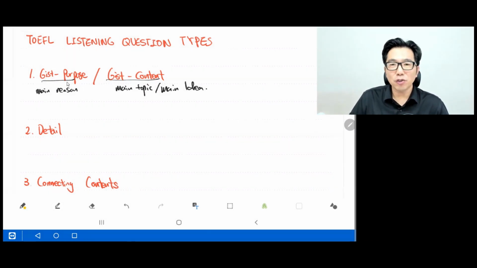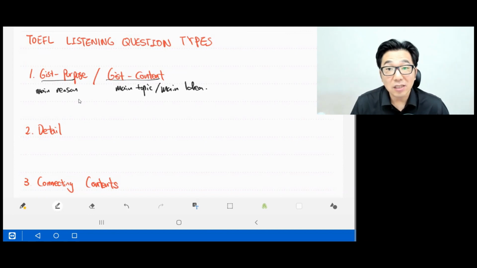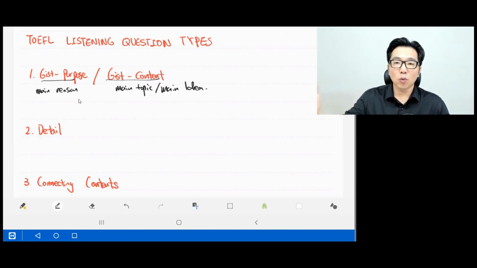All right, so it's a little bit different. Gist purpose usually comes out in a conversation passage, more often than the lecture passage, because it's asking why this listening passage is taking place. What's the reason? So when you have a one-on-one conversation, usually there is a reason why this conversation takes place.